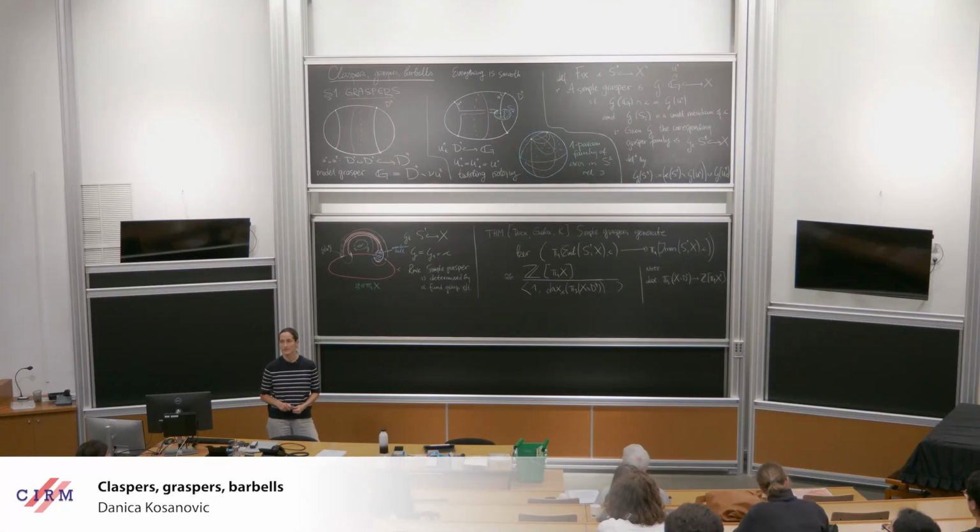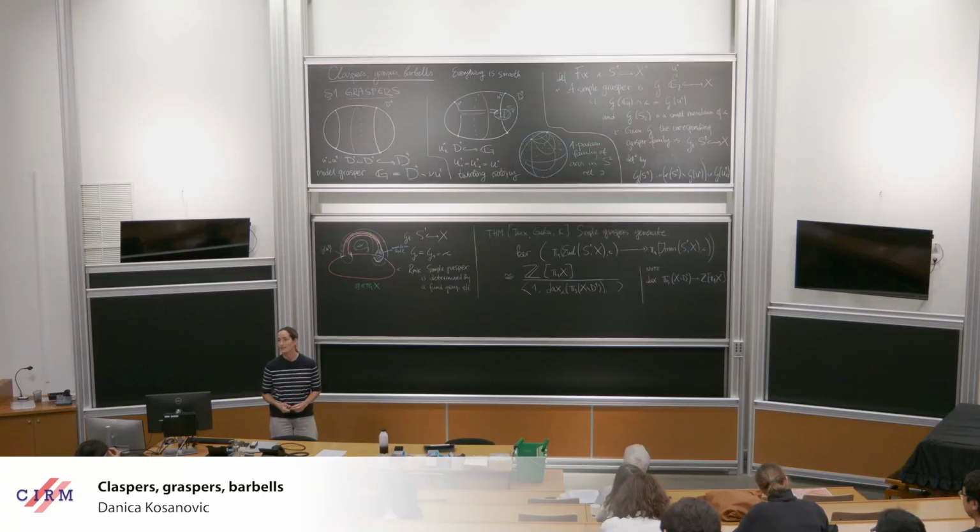But it seems like in your picture, you were saying you want to have the whole 4-ball. Because, for example, if you're actually just embedding S2 cross D2, you could run over some pi2. Yes, very good question. And this is why these are called simple graspers. That's because I had the second condition that I really wanted the blue sphere to be a little blue meridian of the red.